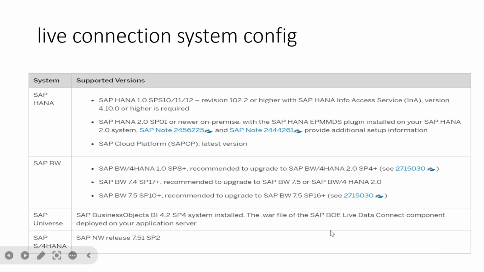For 7.4 with some basic version service pack, first we upgrade it to 7.5 and then connect. Then S4 HANA 7.51 service pack 2. So it's obviously available. If it is SAP Universe BI 4, service pack to make a live connection configuration.